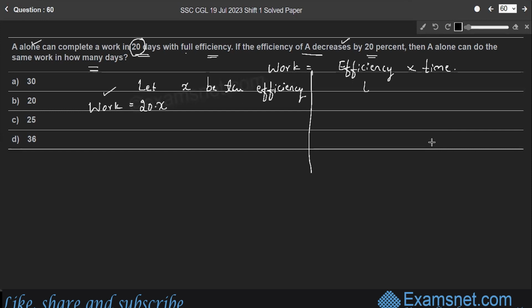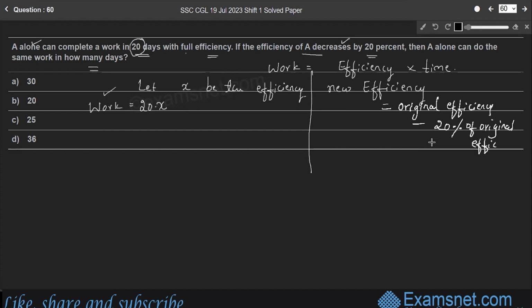So the new efficiency becomes his original efficiency minus 20% of the original efficiency, since it decreases by 20%.